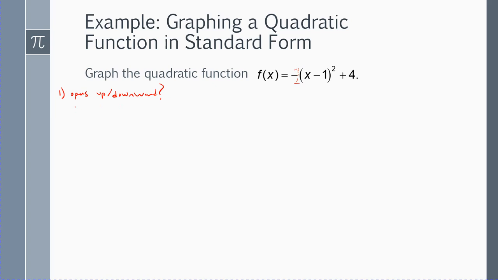So negative 1. Since a is less than 0, negative 1 is less than 0, this opens downward. Okay, great. So I know that as I sketch this, it's going to look like this. That's the first thing it tells me. It's going to open downward.